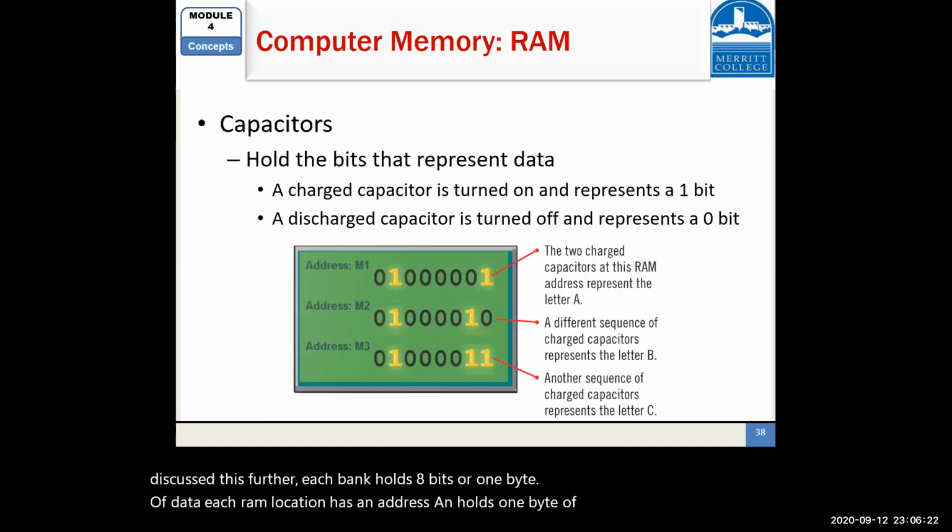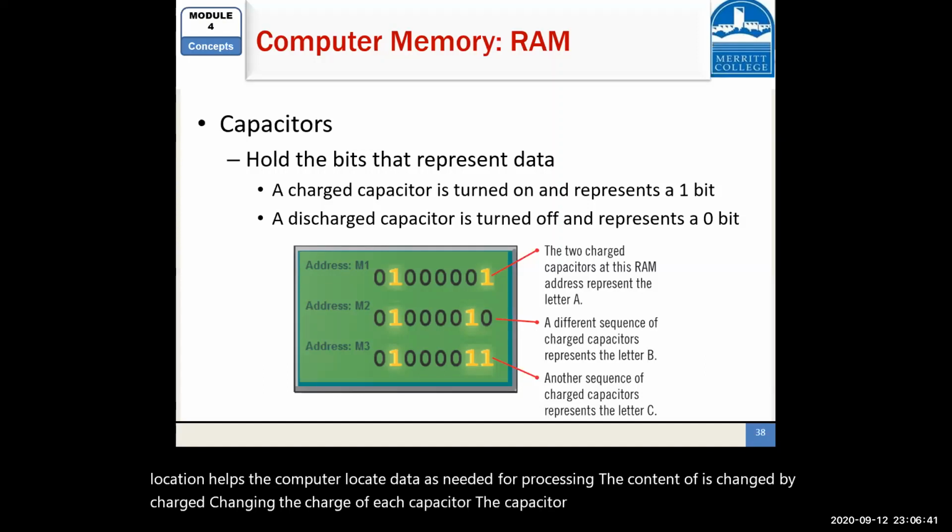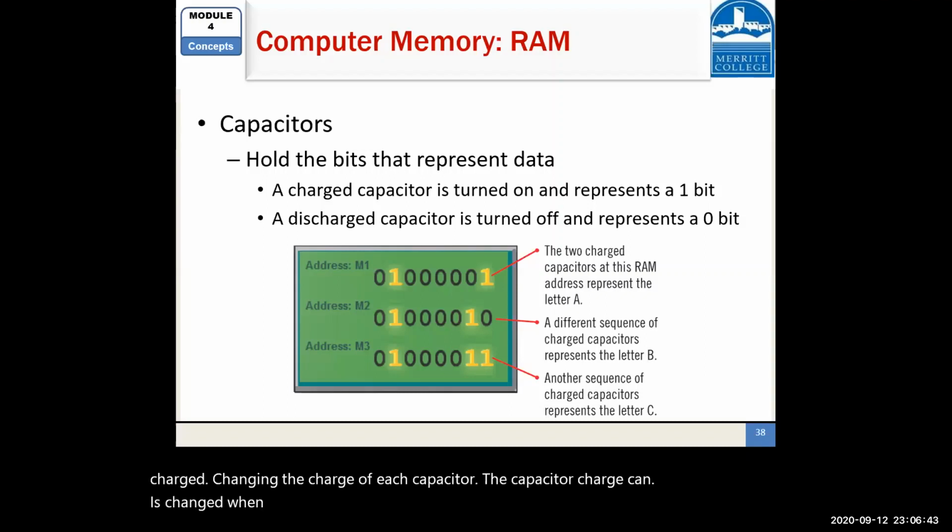A RAM address at each location helps the computer locate data as needed for processing. The content of RAM is changed by changing the charge of each capacitor. The capacitor charge is changed when you input data and the computer processes the data.